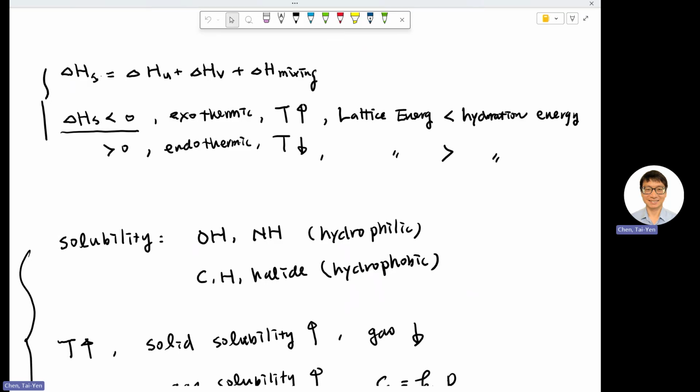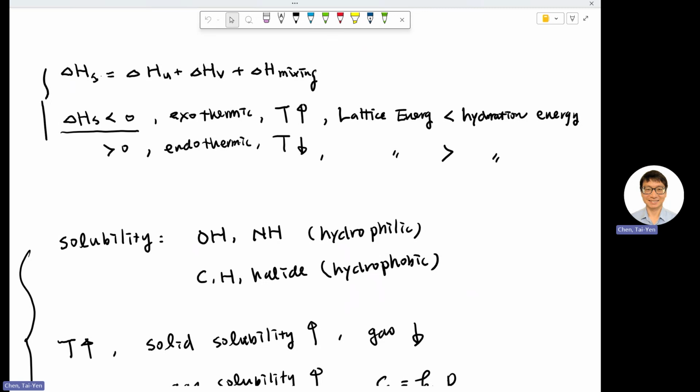In contrast, if your delta H solution is negative, the mixing is an exothermic process, so it releases heat and the temperature increases. You also need to know the relative amplitudes: if delta H solution is positive, your lattice energy is larger than your hydration energy. Those are the key pieces of information that you need to memorize.